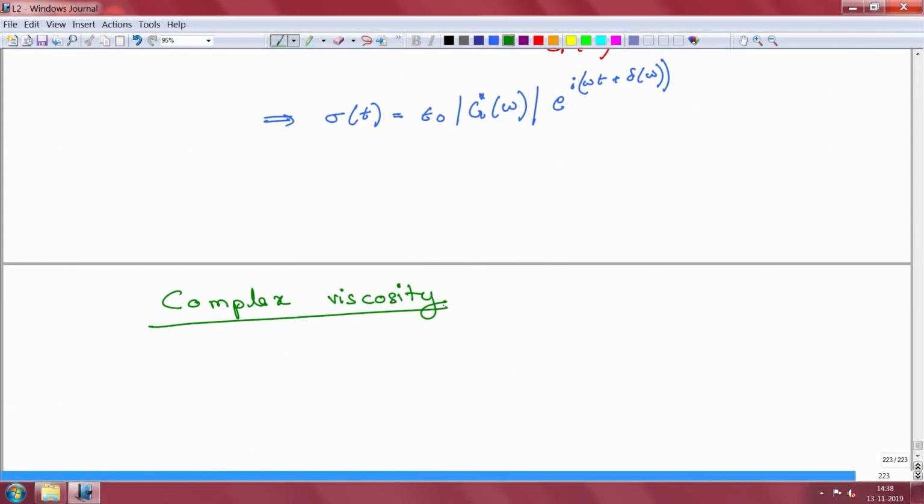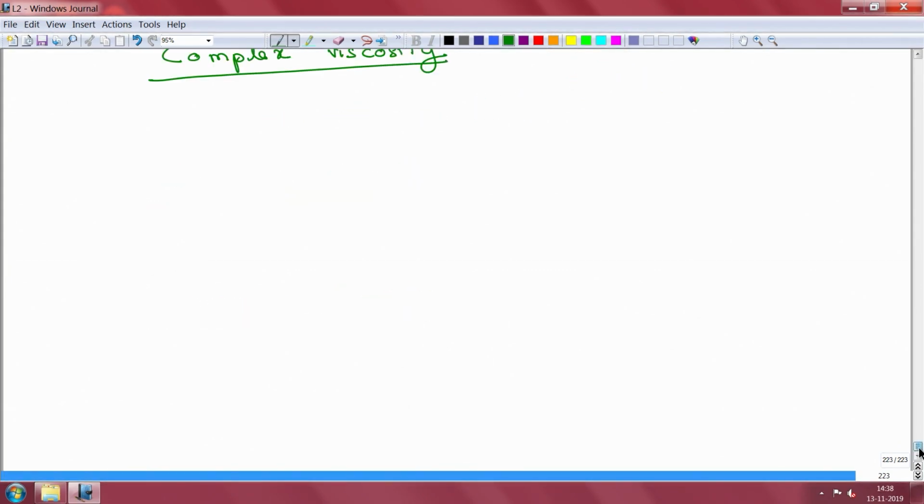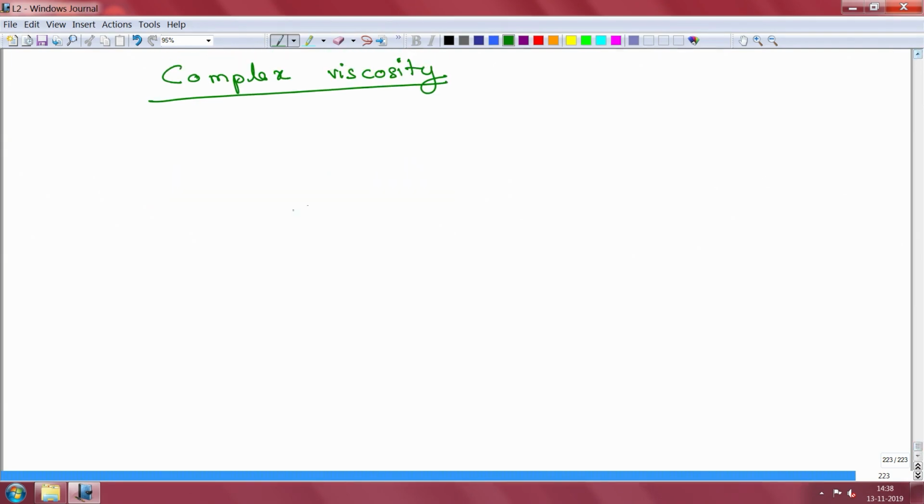Another term that you are very likely to find in literature is called complex viscosity, okay. And this is very much related to the equations that we just derived. So, let us use the idea of the Kelvin-Voigt model.